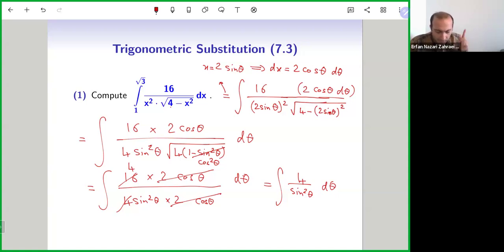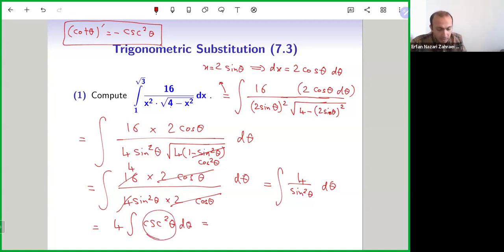To compute this integral, recall that 1 over sine is cosecant. So this is the same as the integral of 1 over sine squared, which is cosecant squared. And another thing that you can recall is that the derivative of cotangent is negative cosecant squared.